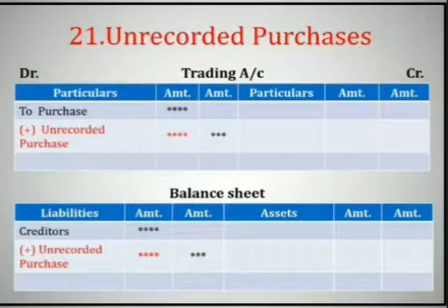First one, unrecorded purchases. Whenever the goods are purchased on credit and the accountant or the businessman forgot to write in the books of accounts, that time we have to add to the particular purchases, and simultaneously our creditors also get increased, so we have to add to the creditors also, unrecorded purchases.